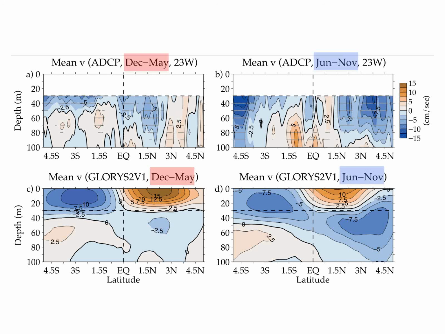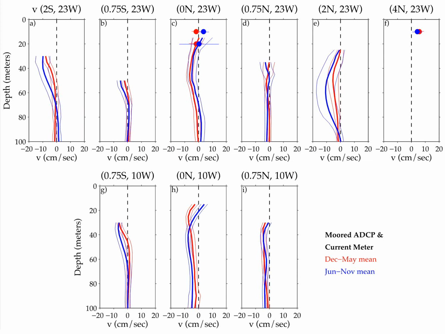And so you see much stronger southward flow in both the observations and the model, and particularly north of the equator. And I think this gives you another view of what I was saying, is that the surface flow is stronger in December to May, which is counterintuitive. You would expect that the whole cell would intensify in June to November rather than just components of it.